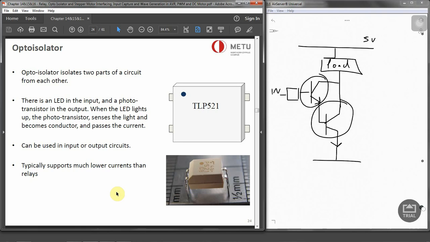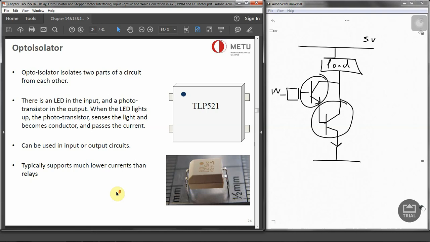Now, on printed circuit boards, we can reduce the effect of this unwanted voltage spike by using decoupling capacitors. But in a system with inductors, or let's say coil windings, motors, decoupling capacitors or diodes will not do the job. So in such cases, we use opto isolators.